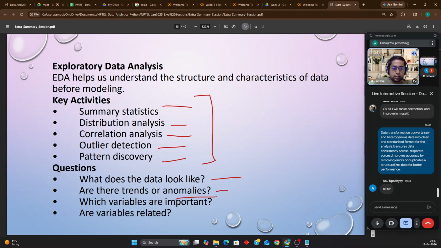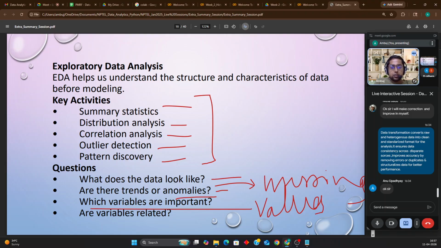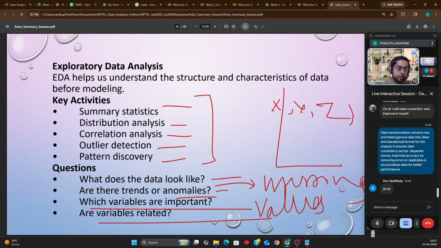Are there anomalies, meaning missing values? Which variables are important for consideration? Are the variables related, meaning does there exist any relation between the variables x, y, z, w or not? That is the thing.